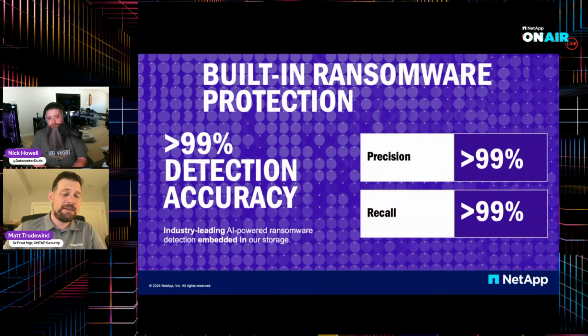Then it goes off and does its analysis. If it is ransomware, it'll flag an alert. If it's not, it'll let that snapshot roll off. So that's kind of neat, right? Because we get that early signal. It's like, hey, we need to take a backup just in case. Then we go verify it because we don't want to blow up the admins with crazy alerts. And so that's what ARP is doing. Again, built in, no additional cost if you're using ONTAP One, which I love.